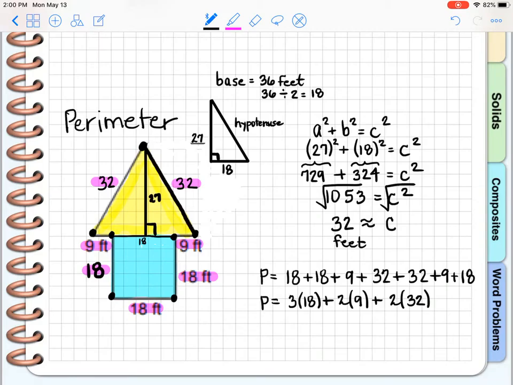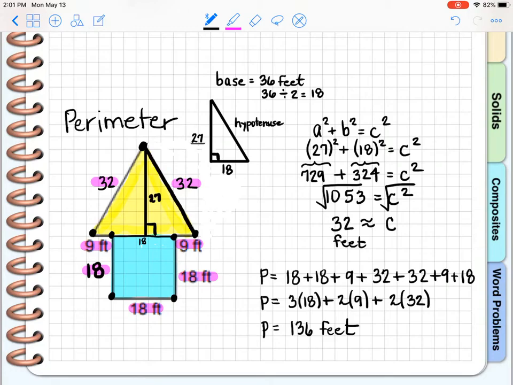You can just add up the whole thing, or you can type it in as this simplified form. However you like to do it is fine, or you can do it both ways just to check yourself. But either way, I'm thinking it's 136. And let me check again just to be sure, because I do make mistakes. Yes. Okay.